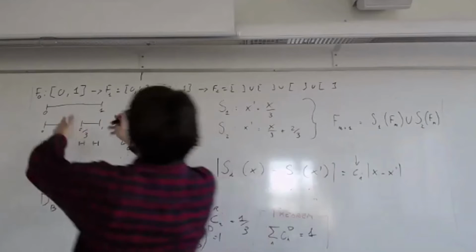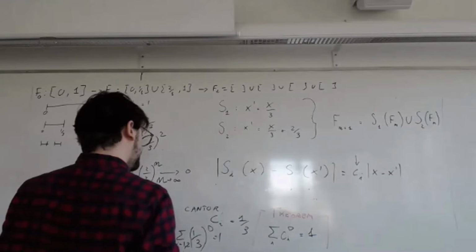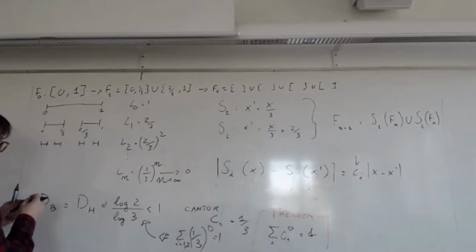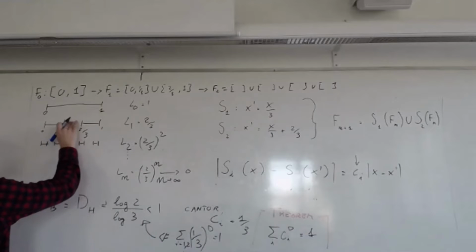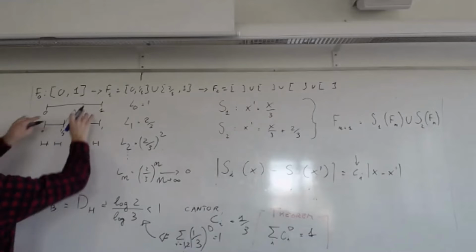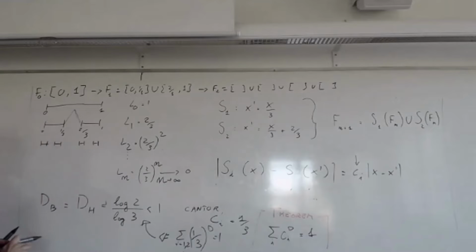You have this interval, and then you split it to 2/3. The only difference is that instead of leaving this empty, you go into this other dimension and you build up. So your contraction factor is still 1/3.